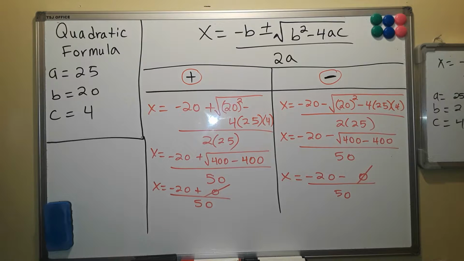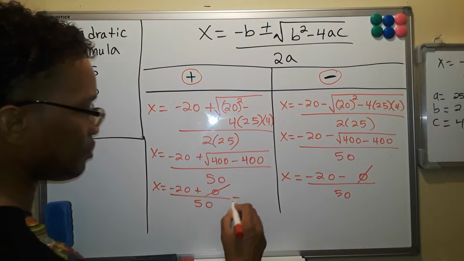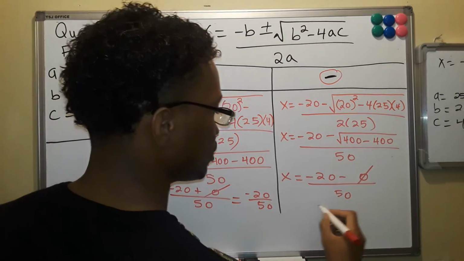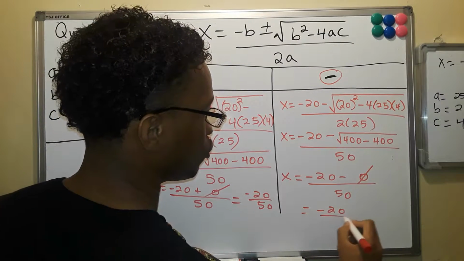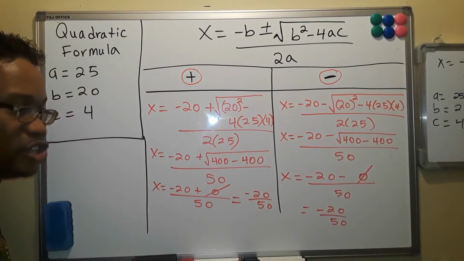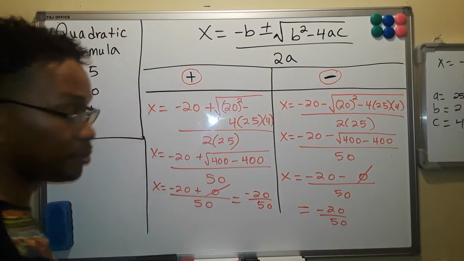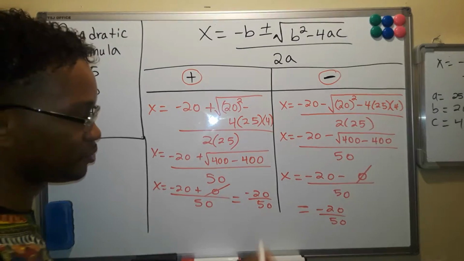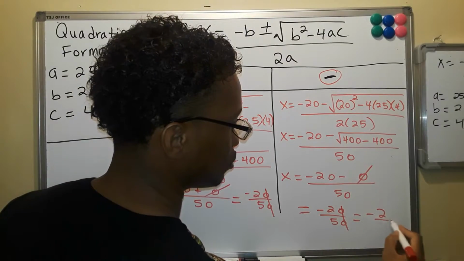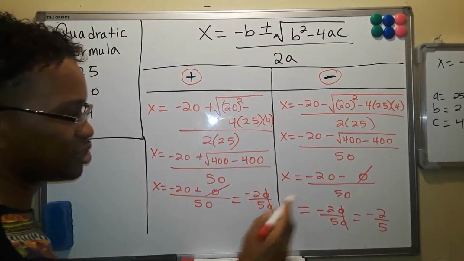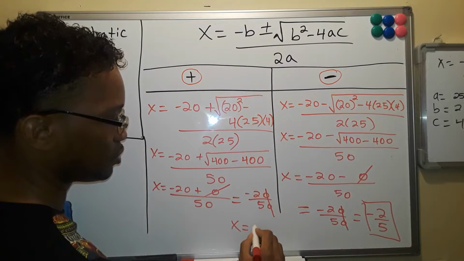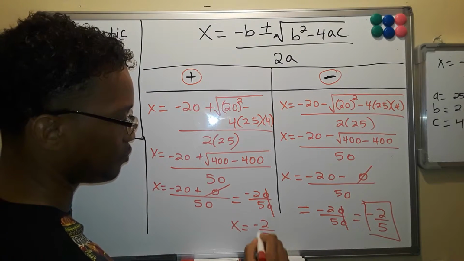So this is the same as negative 20 over 50, for both. Okay? They both have the same answer. But you can simplify that further by crossing out the zeros. When I cross out the zeros, it just leaves me negative 2 over 5. So x is equal to negative 2 over 5 for both.